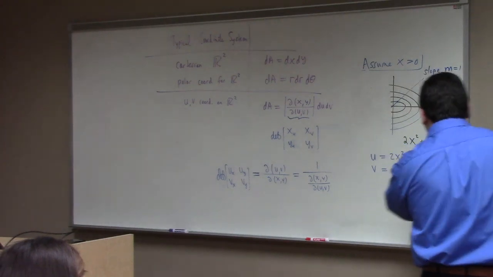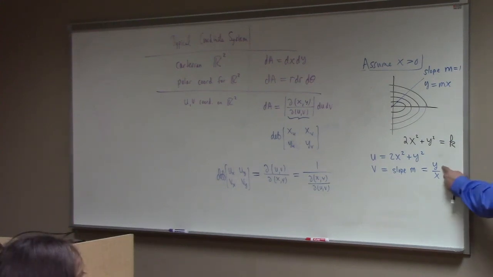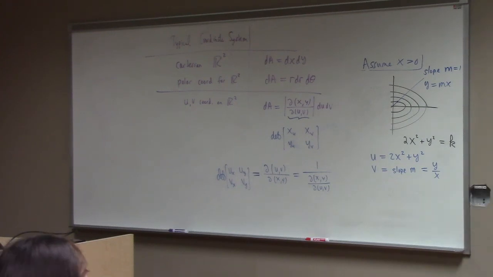So what's u_x? We got 4x. What's v_x? Partially differentiate v, we get minus y over x squared.